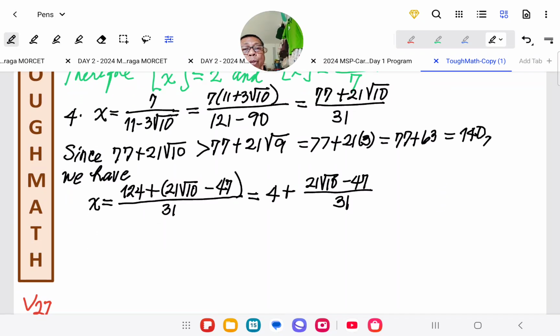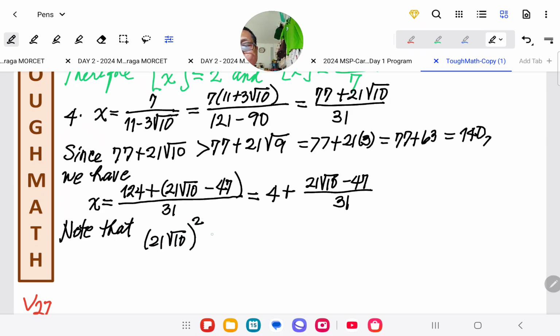And again, to make sure that the irrational part is less than 1, we look at 21 times the square root of 10, square that one.